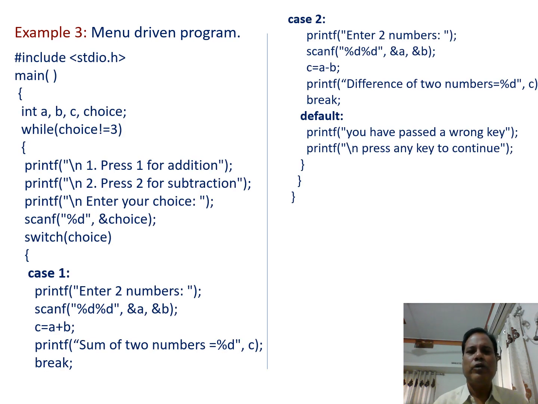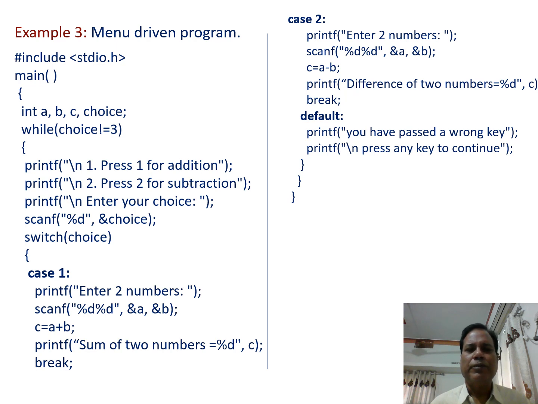Now let us see the use of the switch statement in a menu driven program. A menu driven program can be written like this. In this menu driven program, we have two options: for the addition of two numbers or for the subtraction of one number from another number.